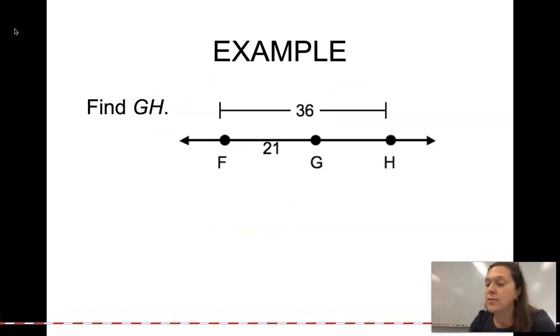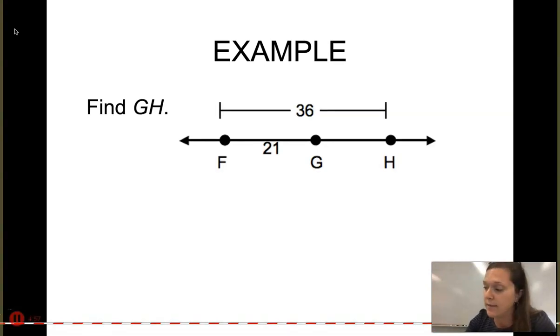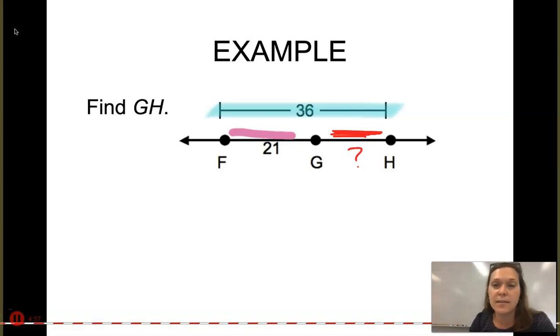Now let's do the flip of that. What if I was given the whole entire length? From F to H is 36, but from F to G is 21. How do I find this unknown length? Well, 21 plus what gets us to 36? How do we do the reverse of that?